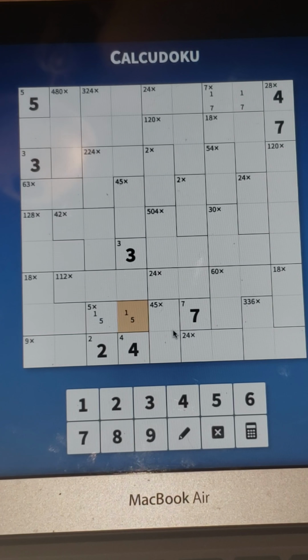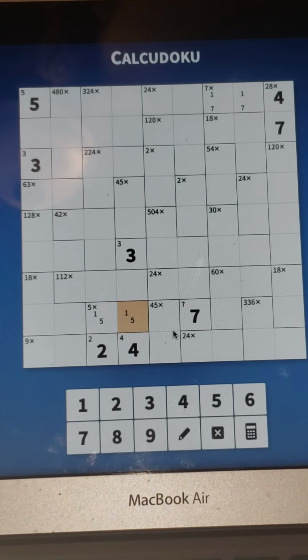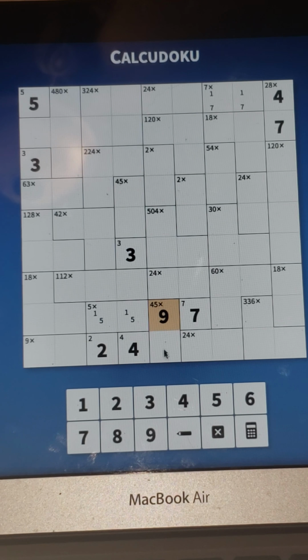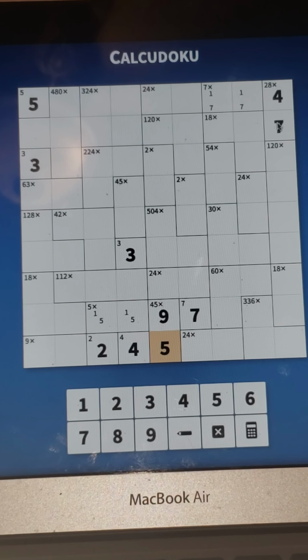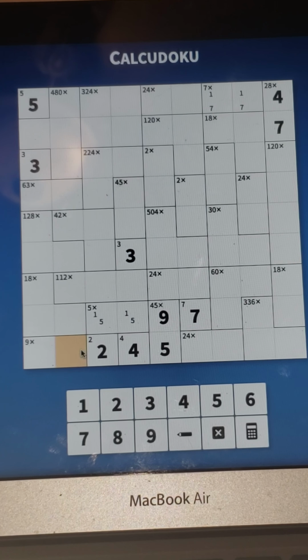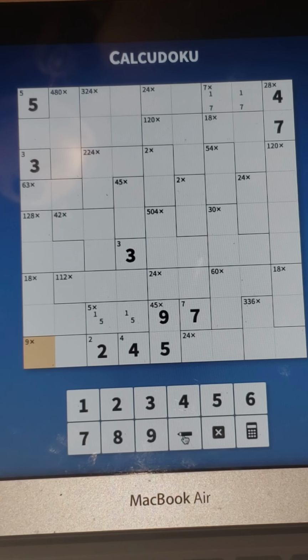Now with 45, the only two numbers that work are 9 and 5, because it's similar to how we got 7 up here. Now with these two boxes, it can only be 1 and 9.